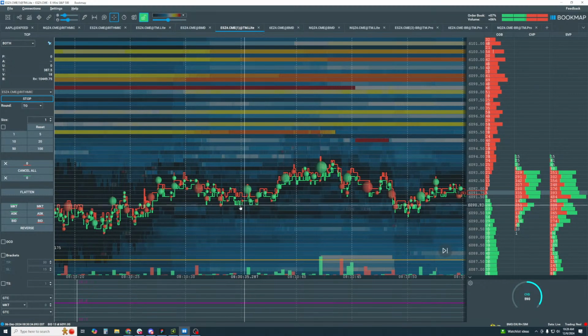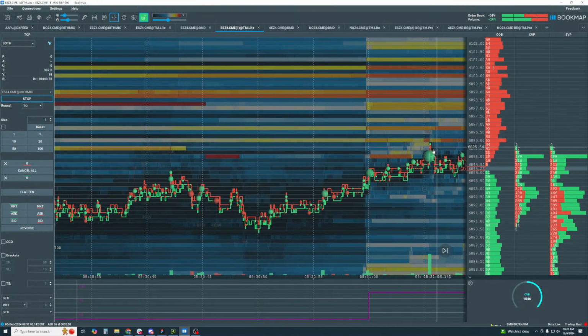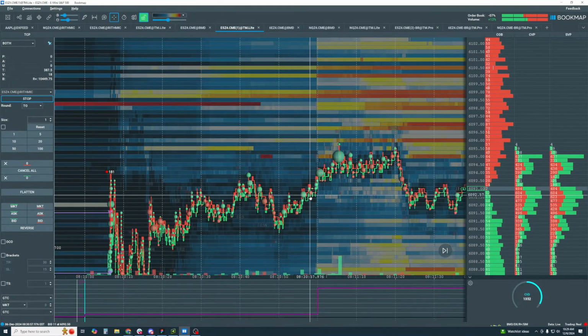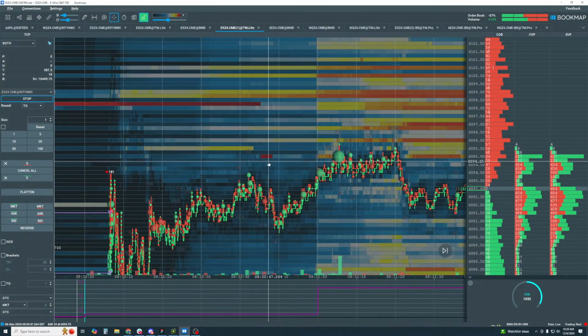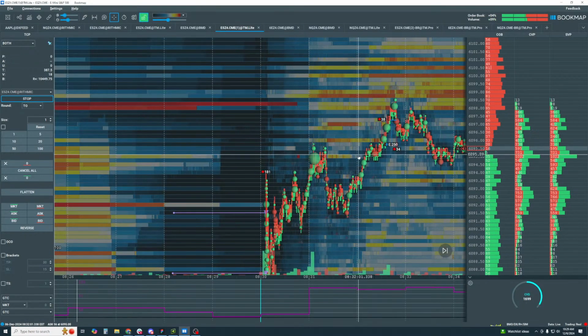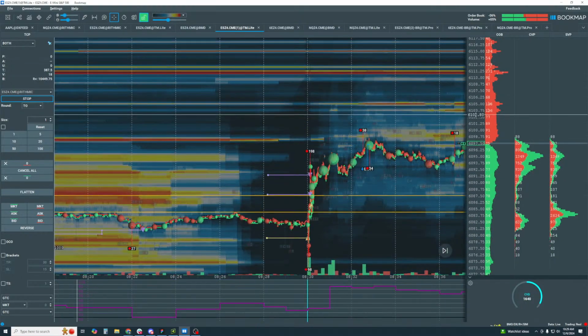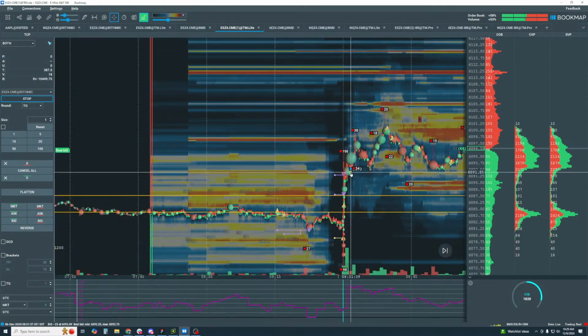It goes down below the pullback here, and then we find some buyers, and that led to a nicer move to the upside. Anyway, that was within the first minute, as you can see, of non-farm. You can zoom out though. You don't have to look at very low time frames to understand this concept.